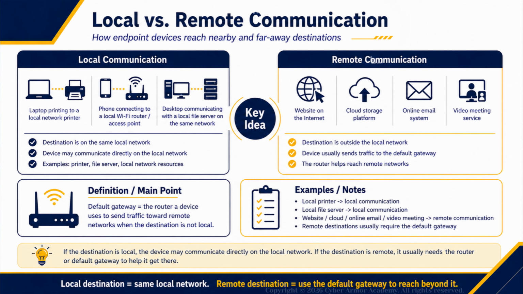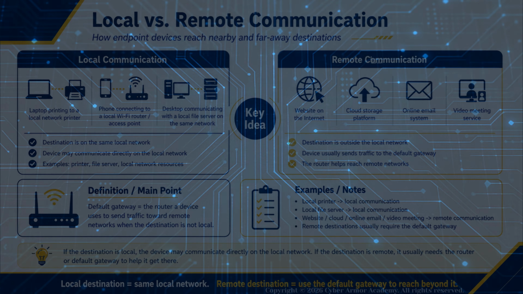That is where the default gateway becomes important. The blueprint specifically includes the default gateway under routing concepts. So, a good beginner way to say it is: if the destination is local, the device may communicate directly on the local network. If the destination is remote, the device usually needs the router or default gateway to help it get there.